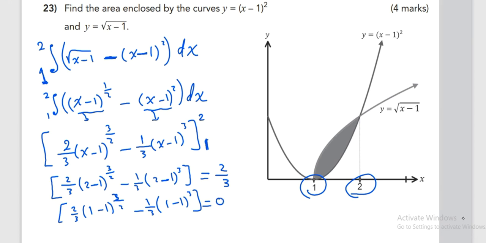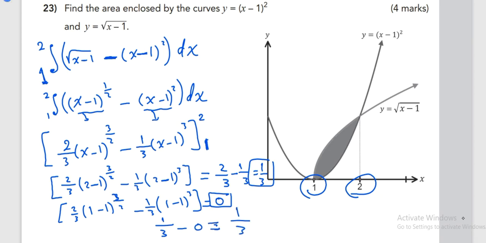equal 0. Here in this part it's 2 over 3 minus 1 over 3 equal 1 over 3. Here it's 0, so 1 over 3 minus 0 equal 1 over 3.